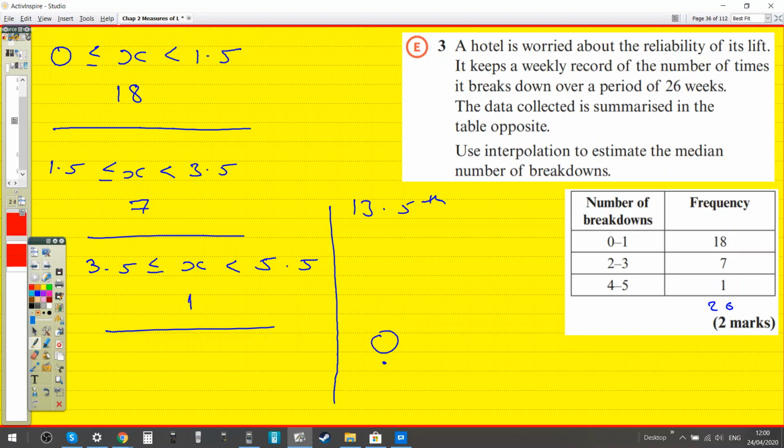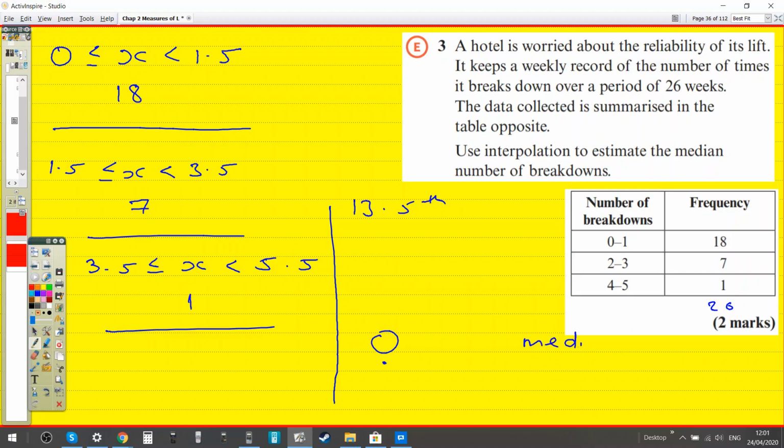And then is this where I need to use the formula again? Yeah. So do I need to do x minus... So which one matches up with what? So it's from 0 to 1.5. And so it's the median.